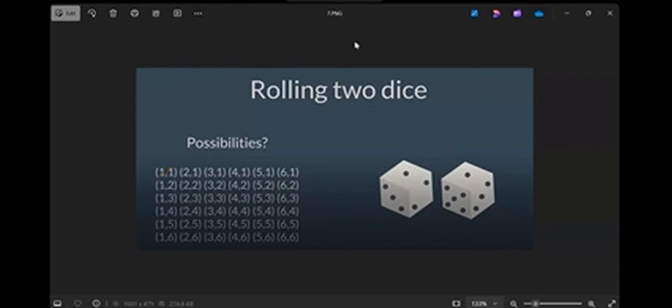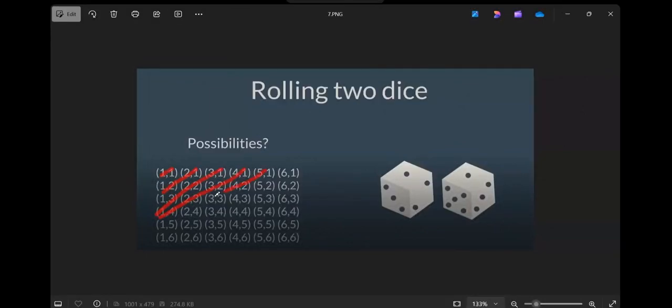If you remember, we always need to count this part. I hope you studied this, I don't know, but I remember this is what they've been taught: how to compute the probability. To compute the probability, you need to do it like this. If you want to know the possibilities for 3: 2 1, 1 2.